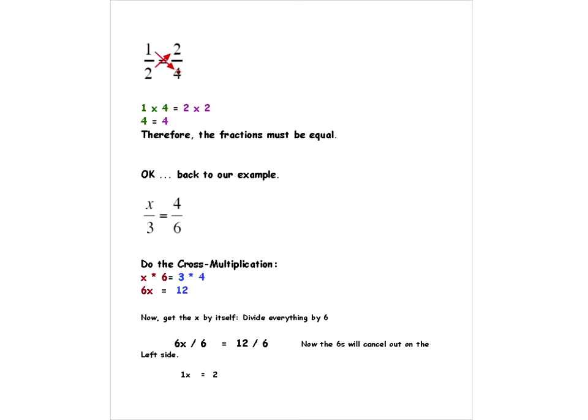Cross multiplication works, right? So going back to our example, if rather than inspection we were going to use cross multiplication, we would say x times 6 gives us 6x. 3 times 4 gives us 12. 6x equals 12. At this point we have an equation that can be solved, and since we need to get rid of the 6 on this side, remember 6x is the same as 6 times x, we do the opposite of times, which is divide.